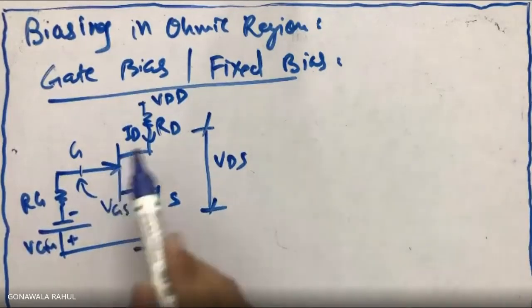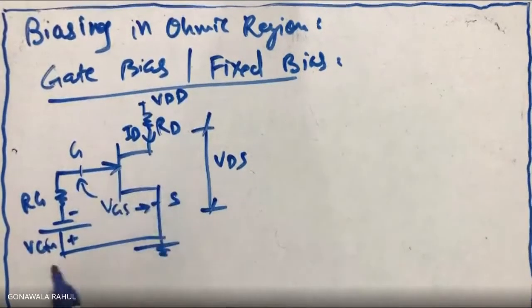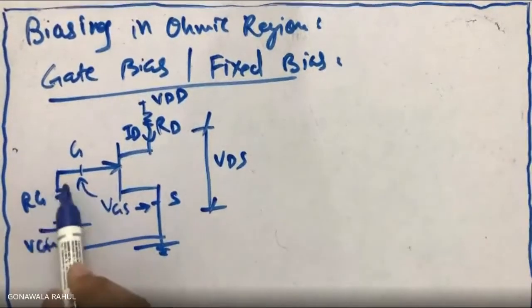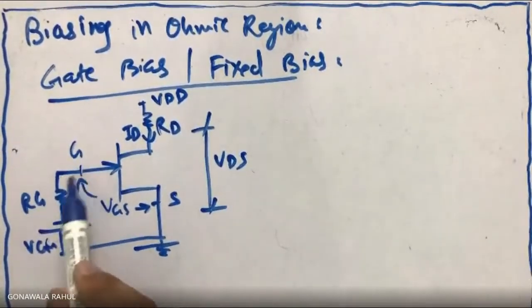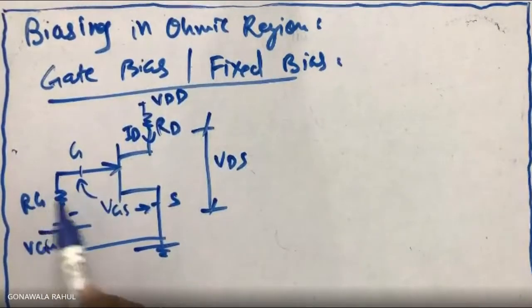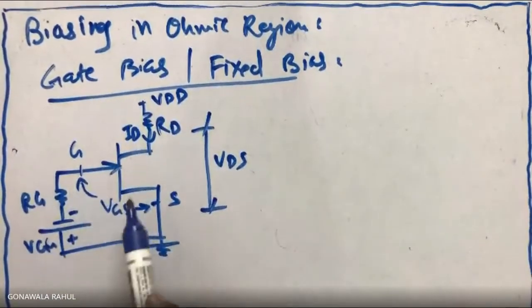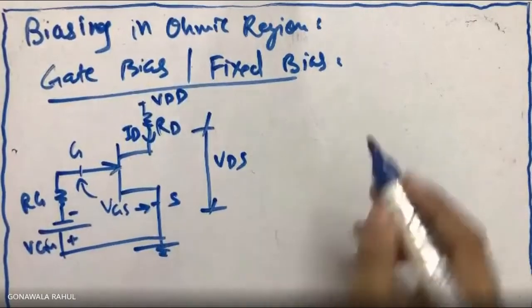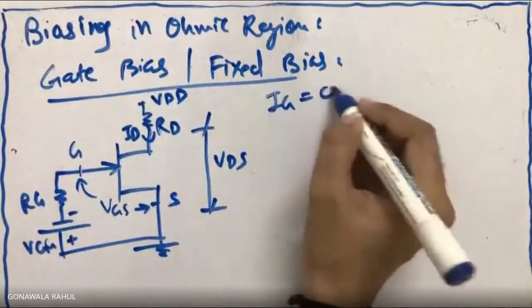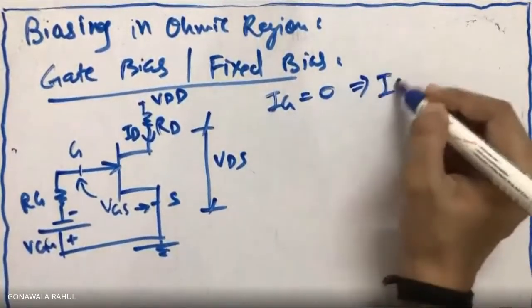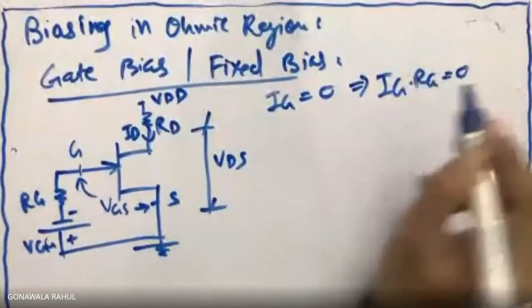So fixed bias VGG provides the voltage VGS. Since there is no gate current IG, there will be no drop here, so IG into RG is equal to 0.